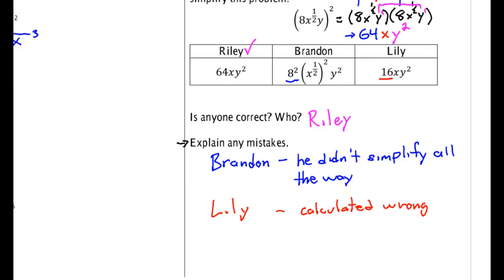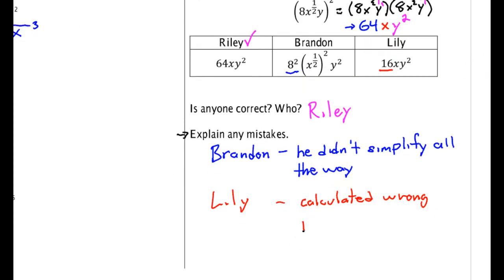She put 8 to the second power equals 16, which it doesn't, right? 8 to the second power equals 64, 8 times 8. So she did 8 times 2, and that often happens because there's an 8 and a 2 here, and exponents mean multiply, so if you're not careful, you accidentally multiply the actual two numbers. So be careful. 8 to the second means whatever the base is, this many times.